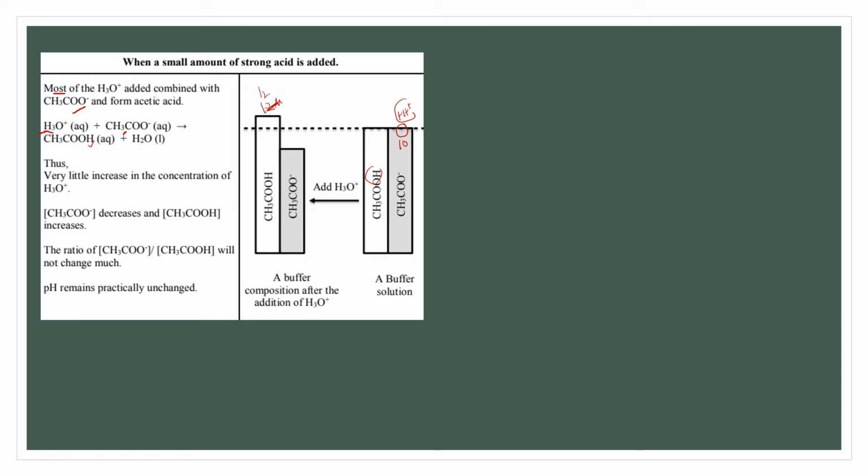Dan yang ni pula sebab dia dah form CH3COOH ni, dia akan berkurang. Contohnya kita kata yang ni dia akan berkurang 8. 2 molar daripada CH3COO minus akan digunakan untuk formkan acetic acid. So dia akan berkurang macam tu kita nak kata. Okay, so very little increase in the concentration of the H3O plus.